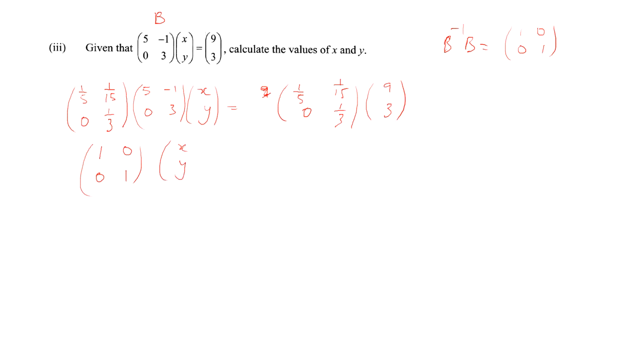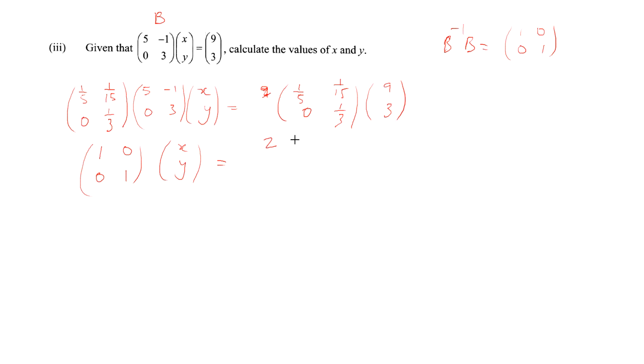So what I need to do now is to multiply this out. The first thing I'm going to do is take 1/5 multiplied by 9, and add it to 3 multiplied by 1/15. So that will be 1/5 multiplied by 9 plus 1/15 multiplied by 3, and that gives me 2.